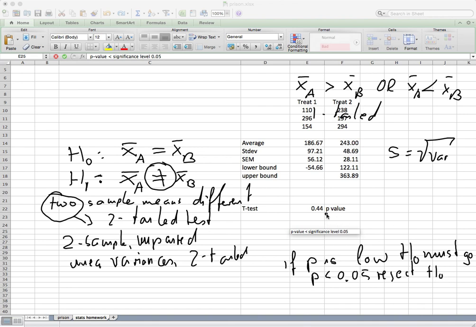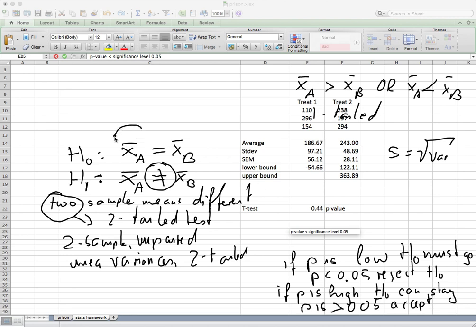Now, is p lower than 0.05? No. P is 0.44. So if p is high, H0 can stay. So if p is larger than 0.05, then we would accept the null hypothesis.